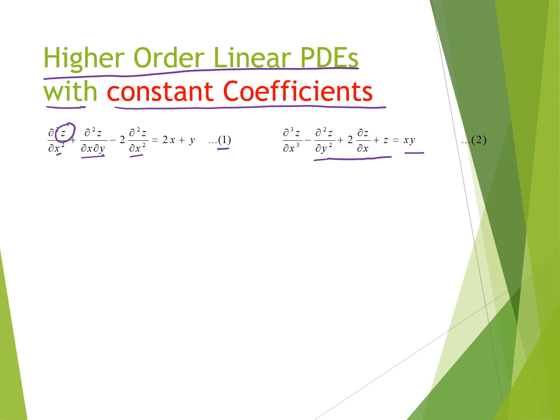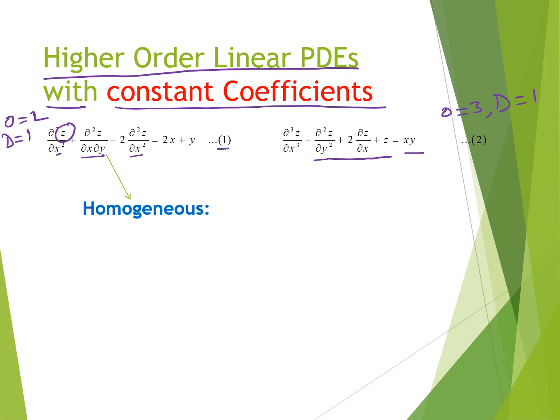In equation 1, the order is 2 and the degree is 1. In equation 2, the order is 3 and the degree is 1.